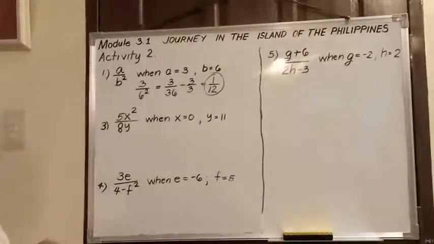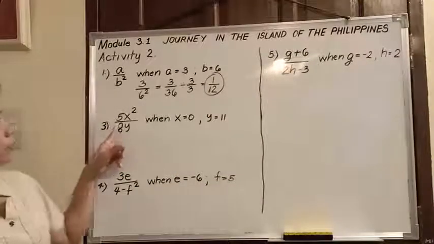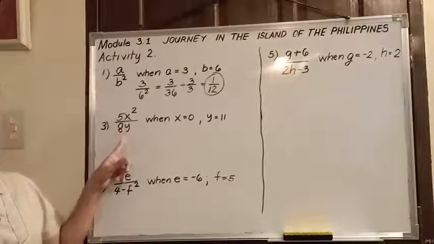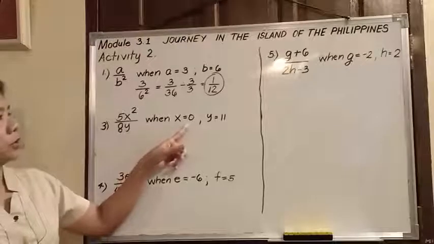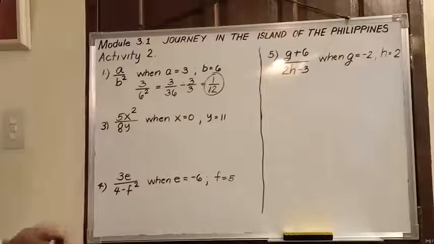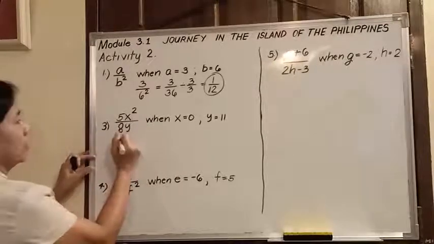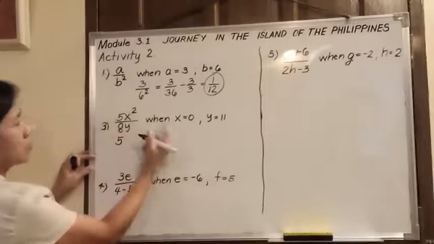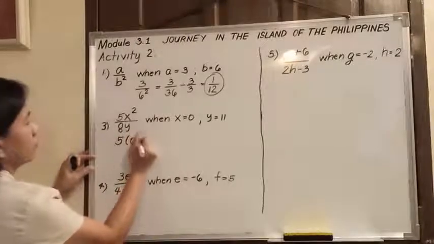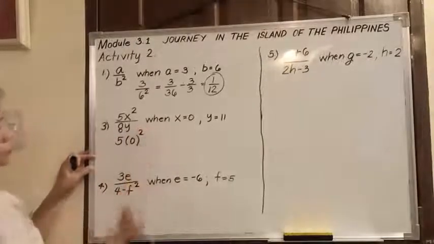Next, number 3. For number 3, 5x squared over 8y. When x is equal to 0, y is equal to 11. The same process by substitution. Bring down y. 5x squared means 5 times the value of x, but x is 0. Then you square 0.